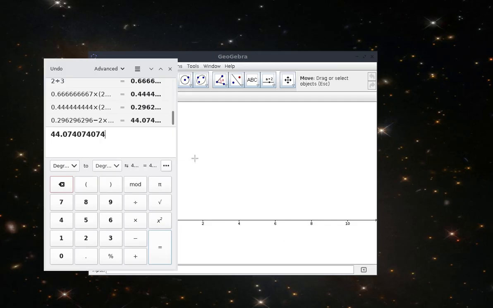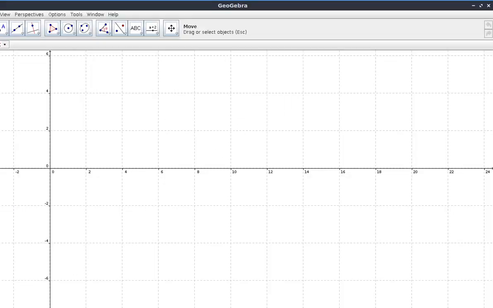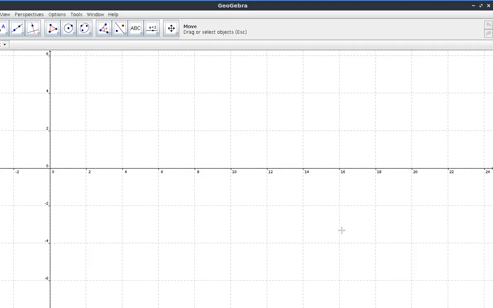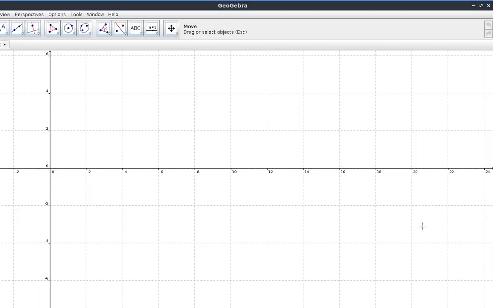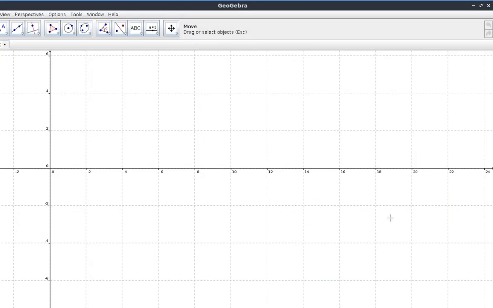X cubed. Let me increase the size of this. So it's x raised to the power of 3, minus 2x squared, which is minus 2x raised to the power of 2, minus 23x, plus 60.